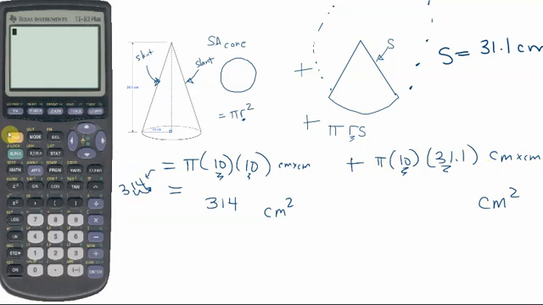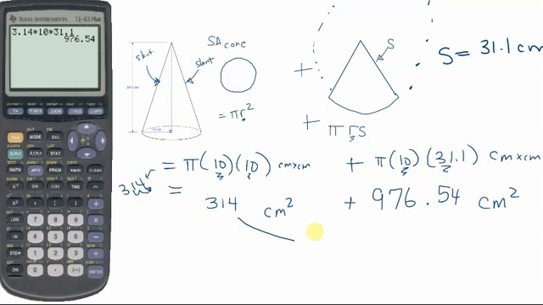On my calculator, I can still use 3.14 times 10 times 31.1. Ooh, that's way bigger on the outside than the bottom. And that should be typical, where the tops are typically much bigger than the circles themselves.